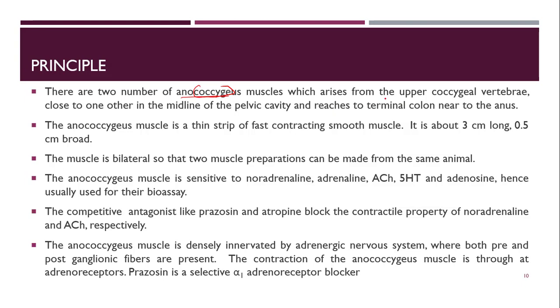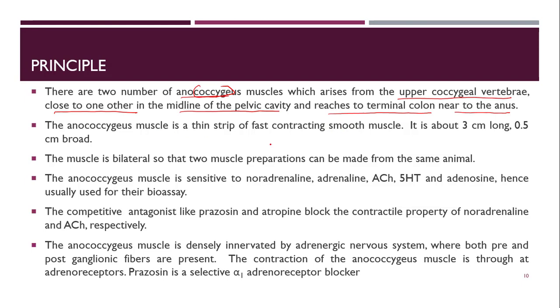It arises from the upper coccygeal vertebrae, close to one another in the midline of the pelvic cavity, and it reaches the terminal colon near the anus. Why is it given like this? With this description we are able to locate this particular muscle in the body of the rat.